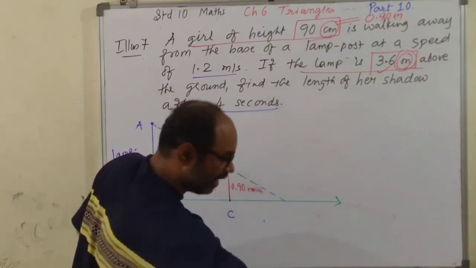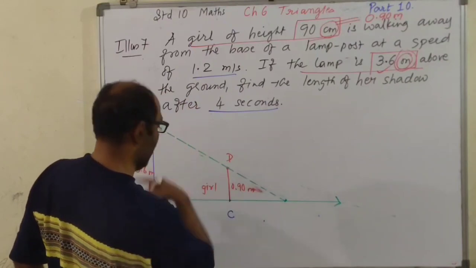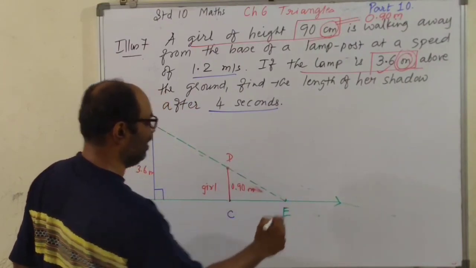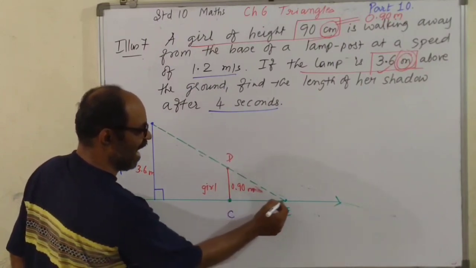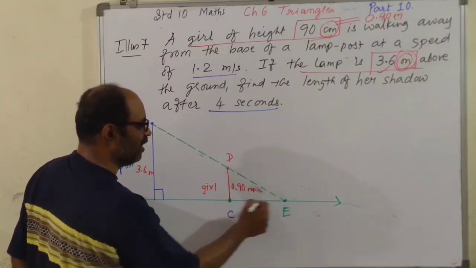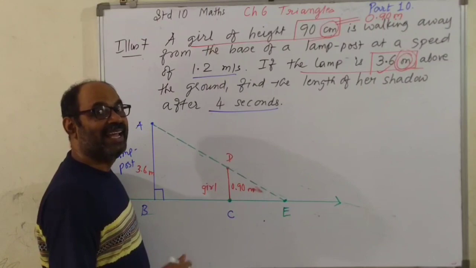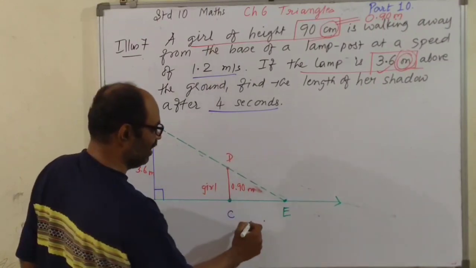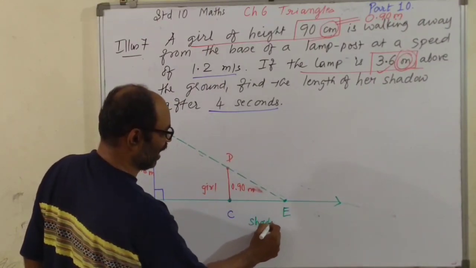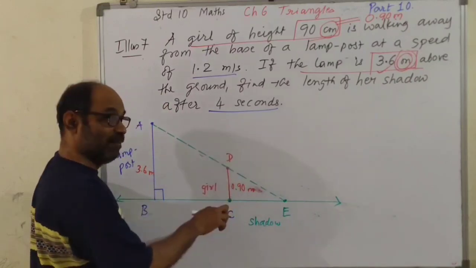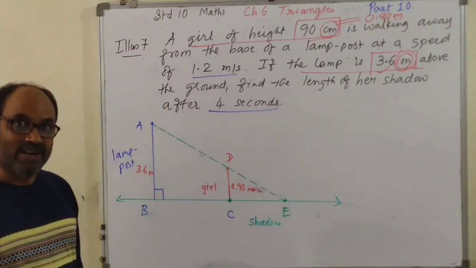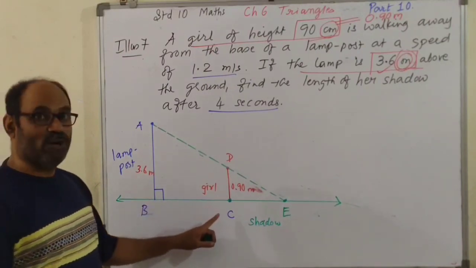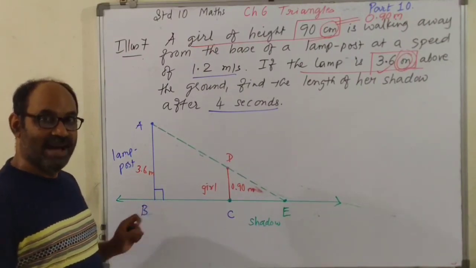Well, this light touches the ground here at, A, B, C, D, let me say E. So can you see? The part between C and E will be dark, and that is the shadow of the girl. CD represents the girl and CE represents the length of the shadow after walking for 4 seconds from the base of the lamppost.